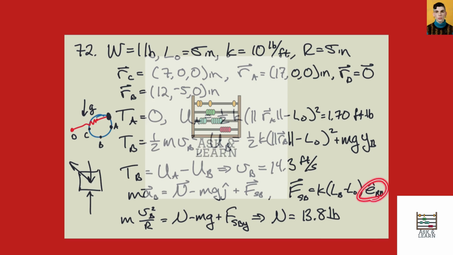And the direction is from B to D. And so we can figure this unit vector out because we know the position vectors of C and D, and then we can figure out what the y component of that is. So we can find F_SBY, and we have everything in here then except for N, and we can solve for N, and that becomes 13.8 pounds.